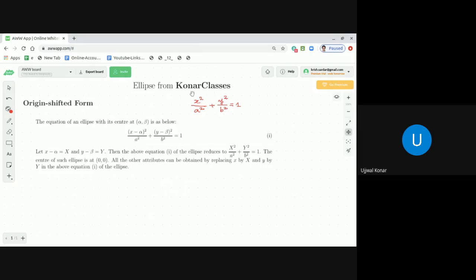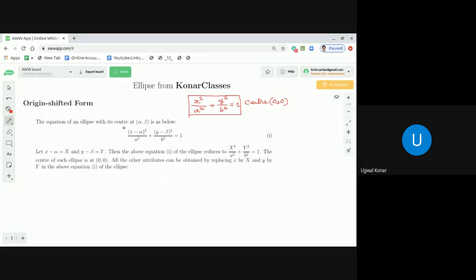What I wrote in the red color, x square by a square plus y square by b square equal to 1, is the equation of an ellipse with the center at the point 0 comma 0.